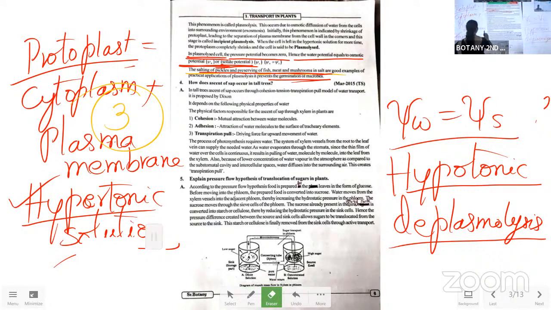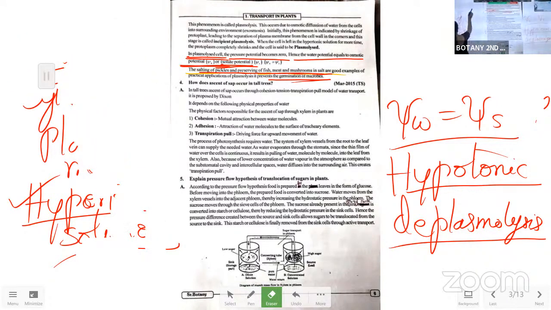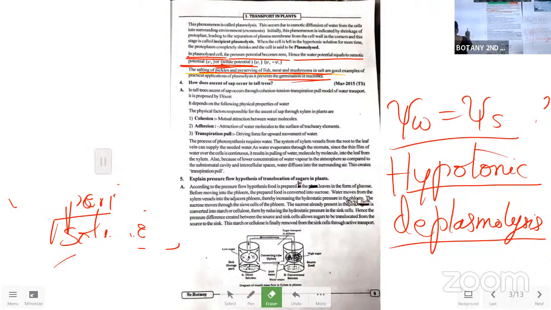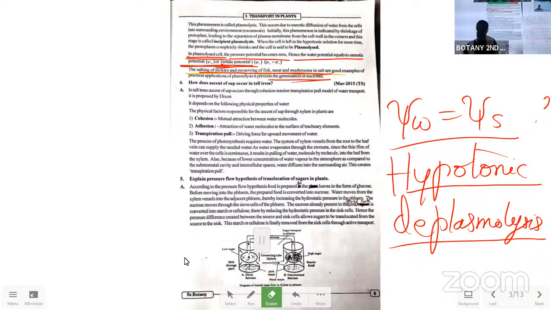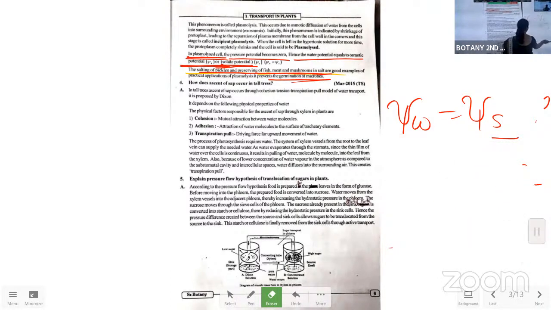Okay, now comes the third important question from this chapter. That is, how does ascent of sap occur in the tall trees?